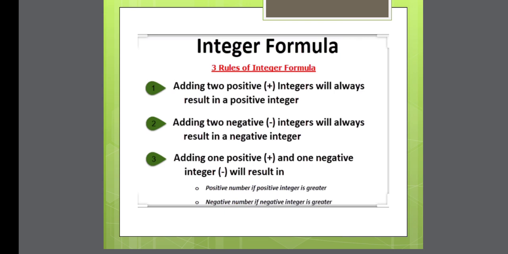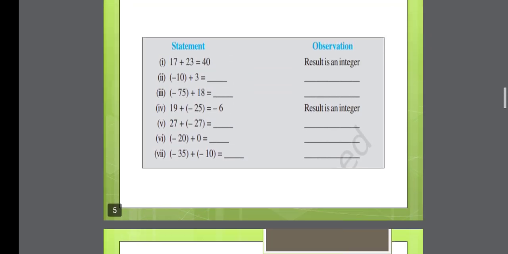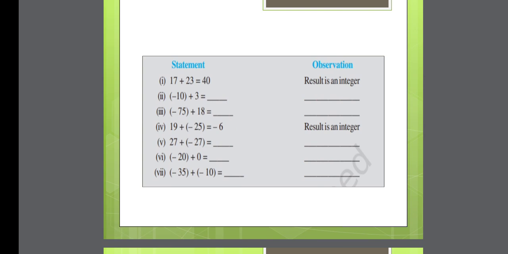And addition of one positive integer and one negative integer will result in a positive integer if the positive integer is greater, and a negative integer if the negative integer is greater. We know these things. So from the above statements, we can say that integers are closed under addition, because in all the statements we get an integer as the result.